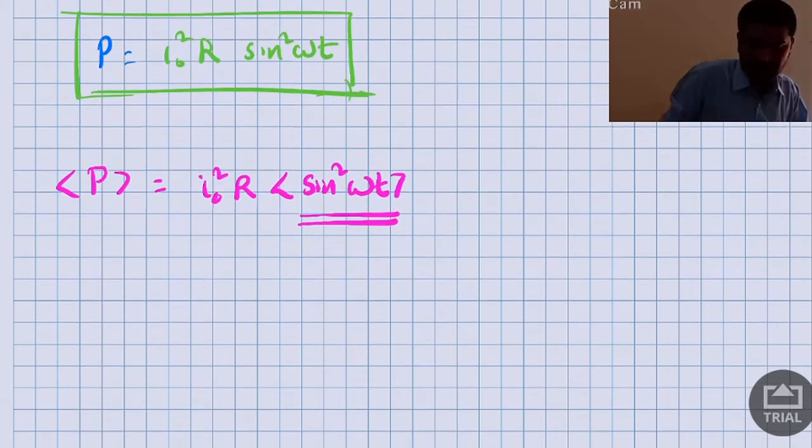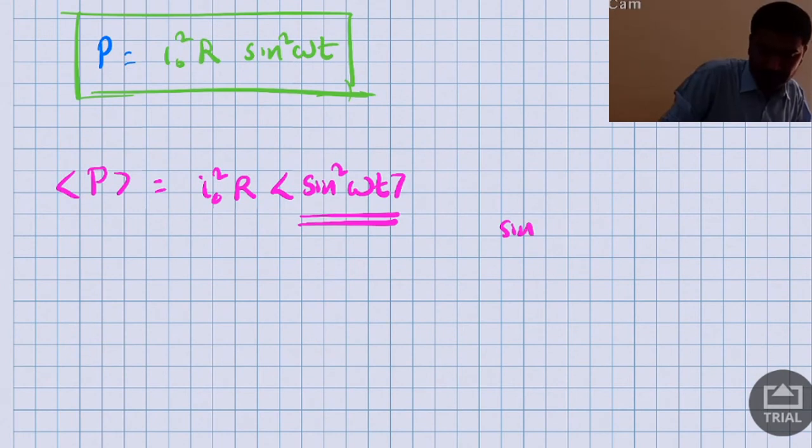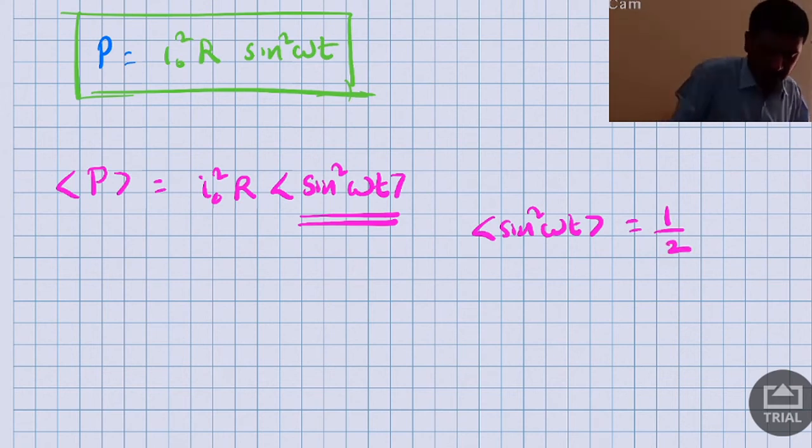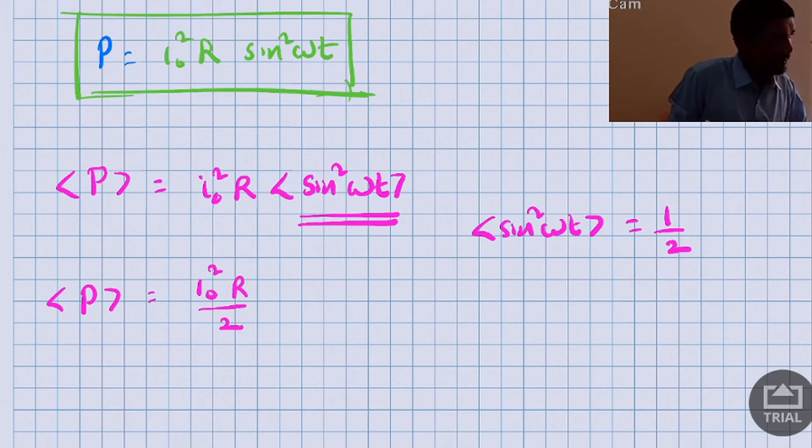The average value of sin square omega t is 1 by 2, so your average power dissipation becomes I0 square R by 2.